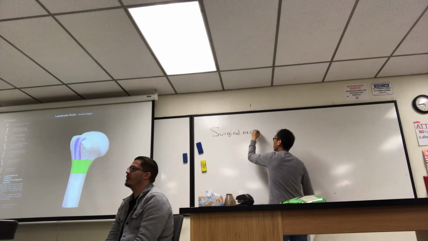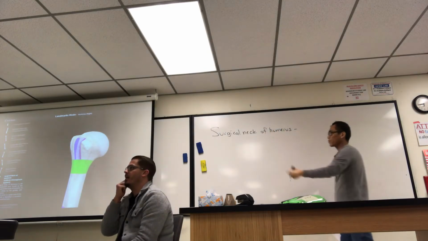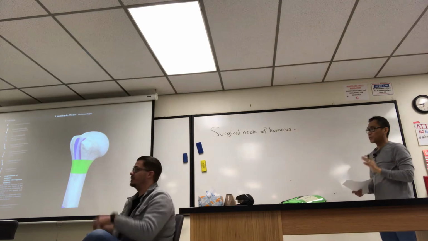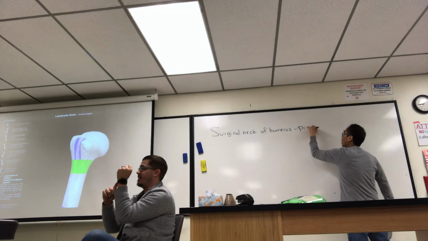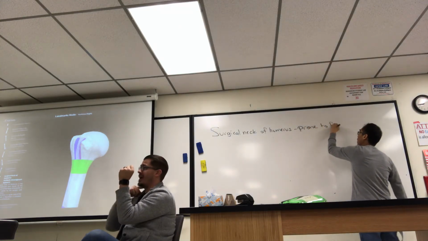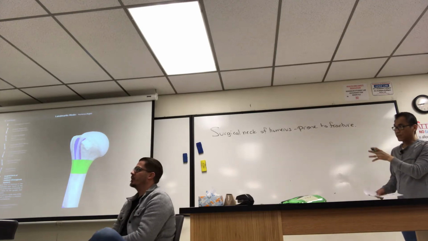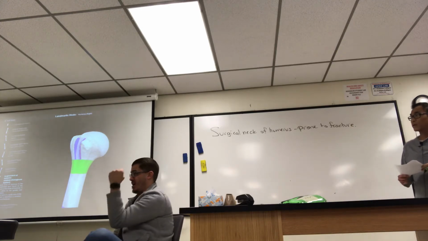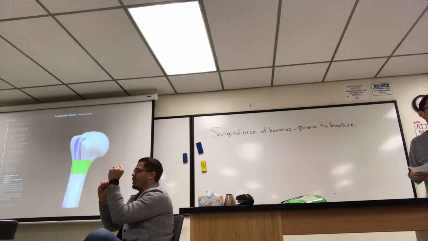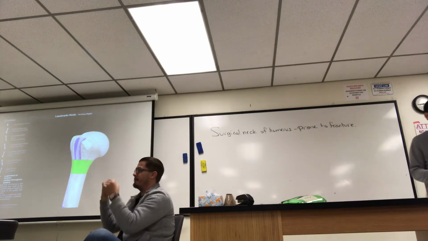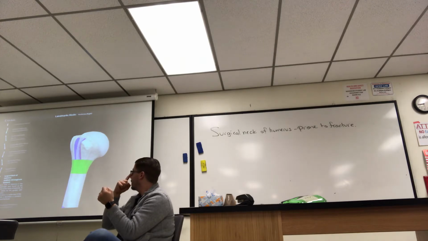As opposed to the other neck, the anatomical neck, the surgical neck is prone to fracture, hence the name. Because look where it is. It's kind of where the tubercles narrow. That's usually where bones snap, right? The anatomical neck is called the anatomical neck because in anatomy, it always goes head, then neck.